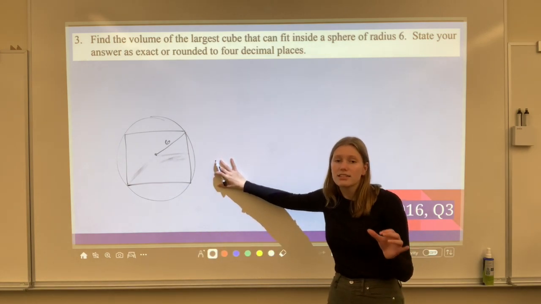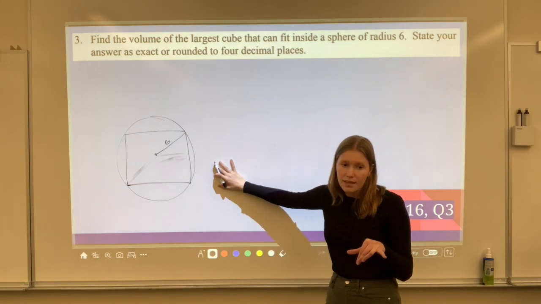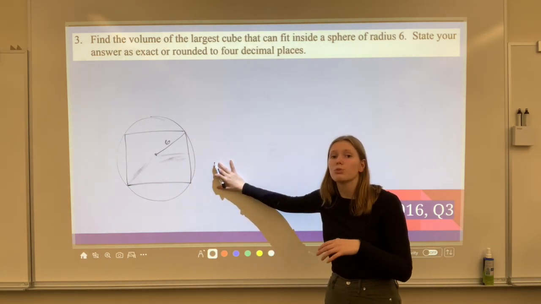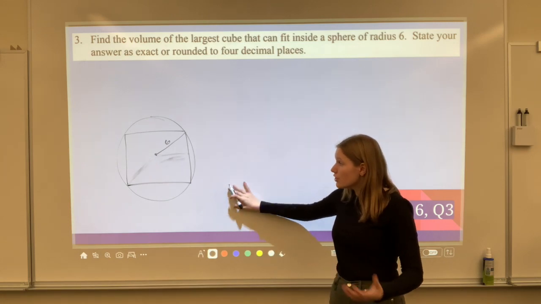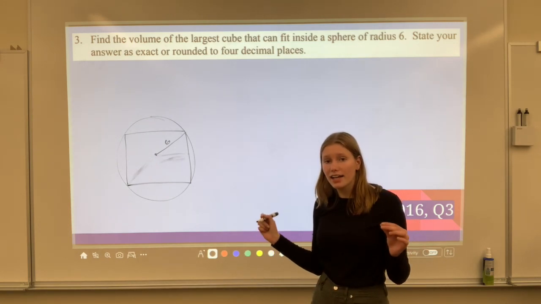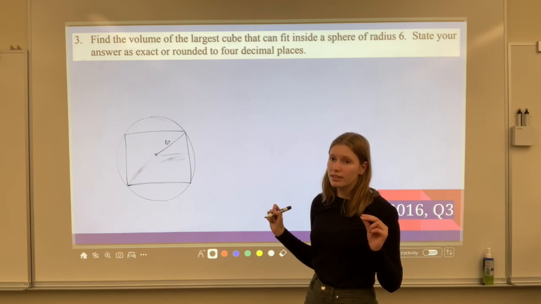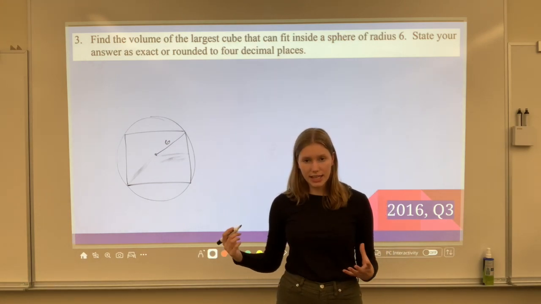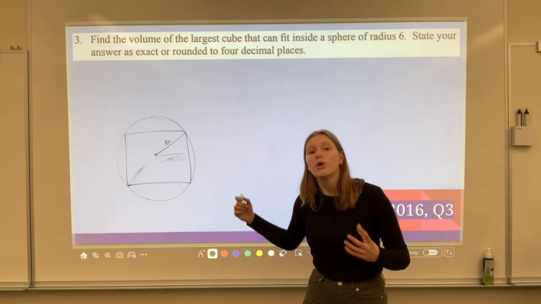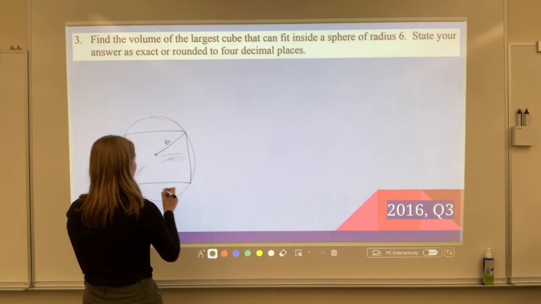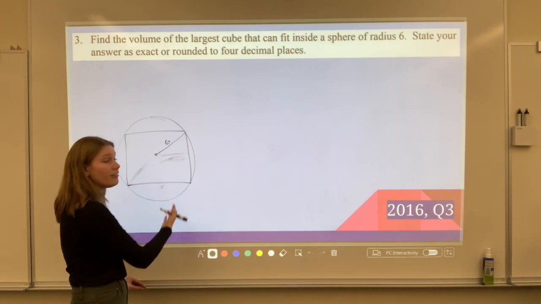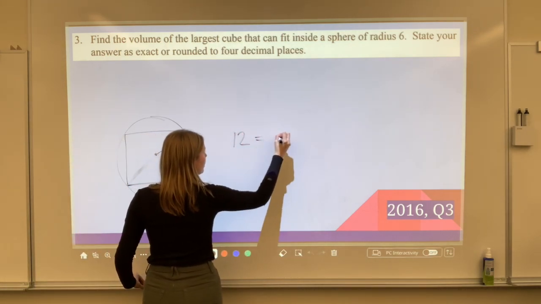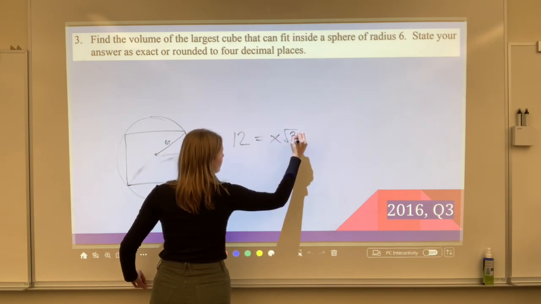The side lengths, if they are equal to x, the longest diagonal is going to be equal to x times the square root of 3. So if we know that our longest diagonal is going to be 12, and we also know that our longest diagonal is equal to x, our side length, times the square root of 3, we can set those equal to each other and solve for our side length of x. So we have 12 is equal to x times the square root of 3.